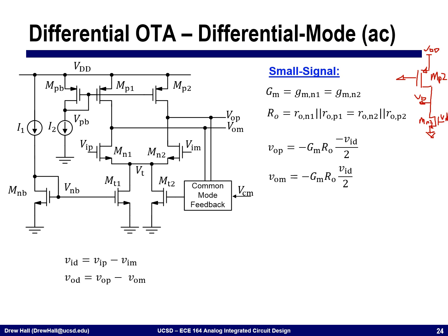Okay, and so the output impedance that I'm describing here is the impedance that I see looking up in parallel with the impedance that I see looking down. So ROP in parallel with RON.